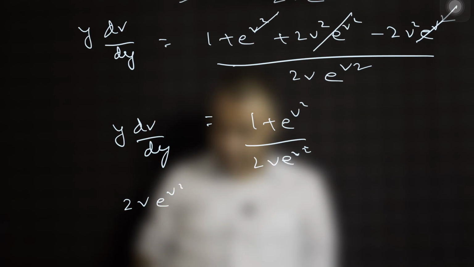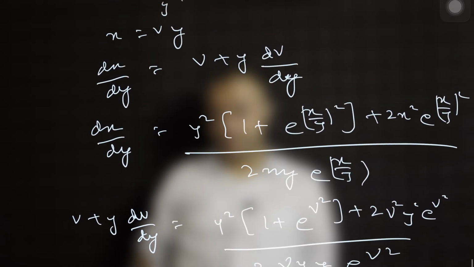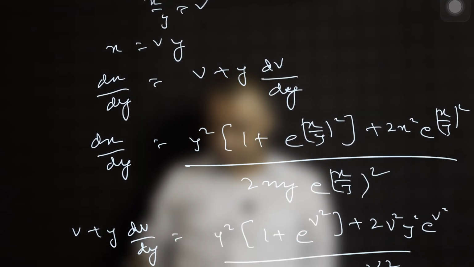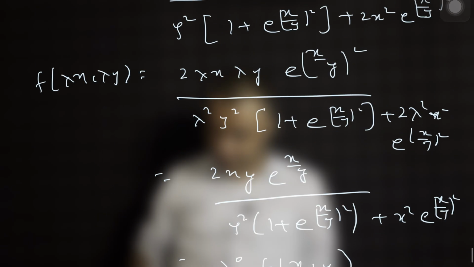So, I can write this as 2v e^(v square) upon 1 plus e^(v square) dv is equal to dy by y. Correct. So, one can correct all these things when we have the notions, particularly with the concepts. So, there was a printing mistake, but you can always correct it, as I have corrected it over here.